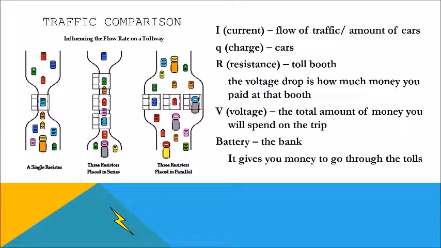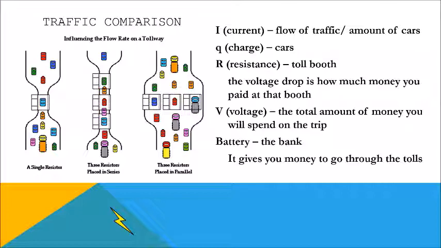Another comparison, or another analogy we can have, is the traffic comparison, where resistors act like toll booths or construction. I don't like that analogy as much because not many students in the area I live in, there's not as many tolled roads.